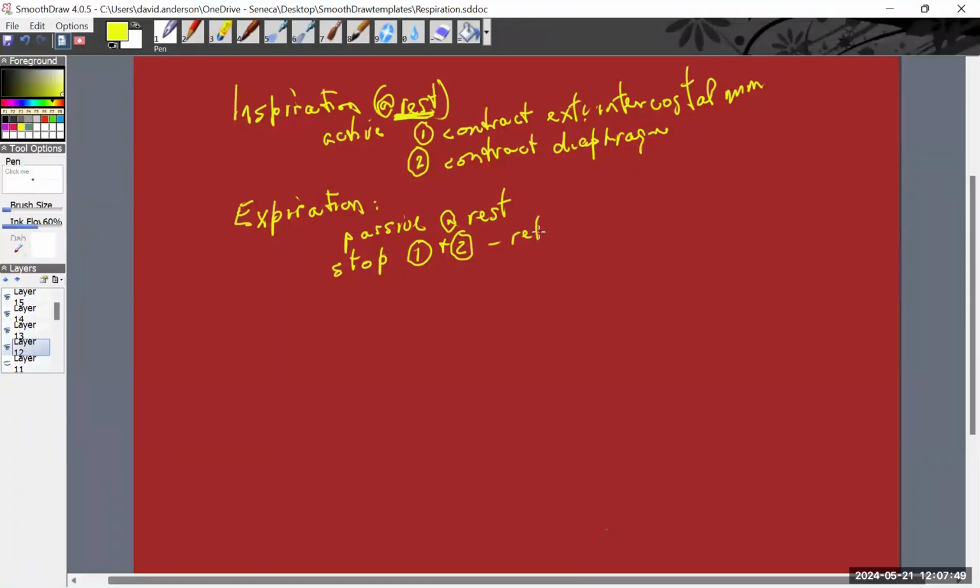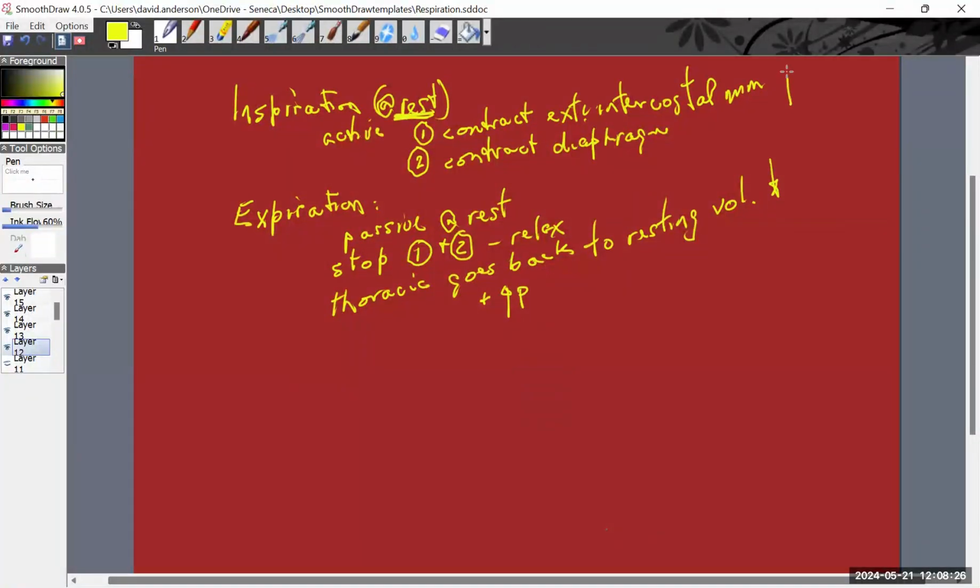In other words, relax so that the thoracic cavity goes back to resting volume, which is a reduction, and that means that pressure went up.